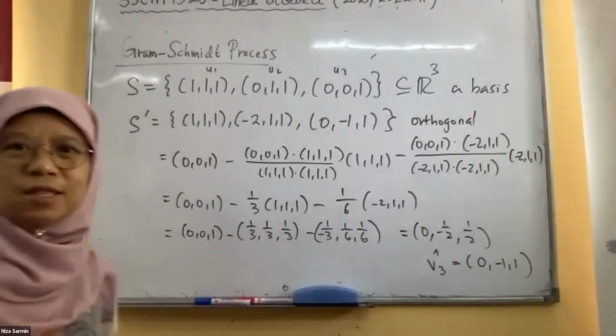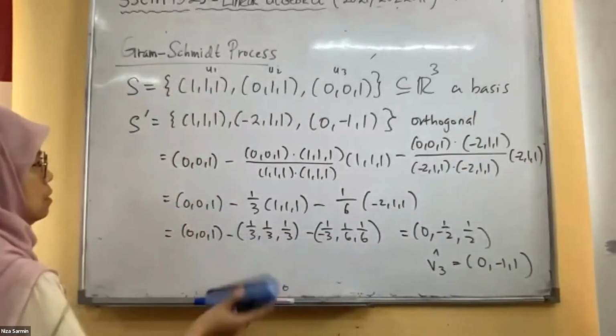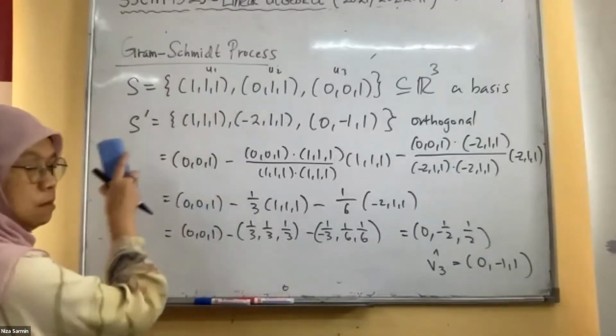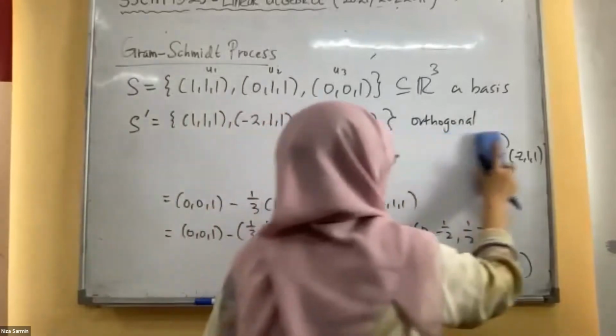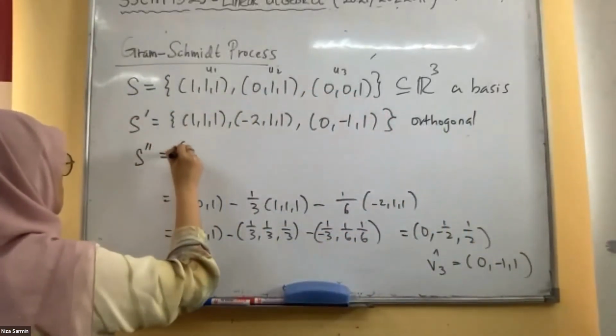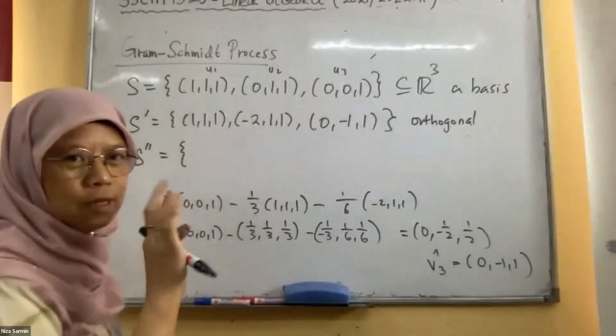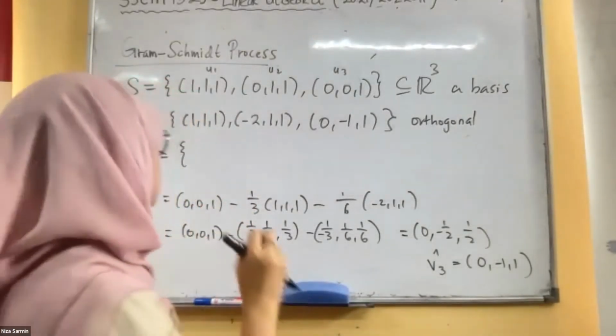You will have to get the orthonormal. Okay. Erase, okay? So this, the square root of 1 plus 1 plus 1 is square root 3, right? So you divide.